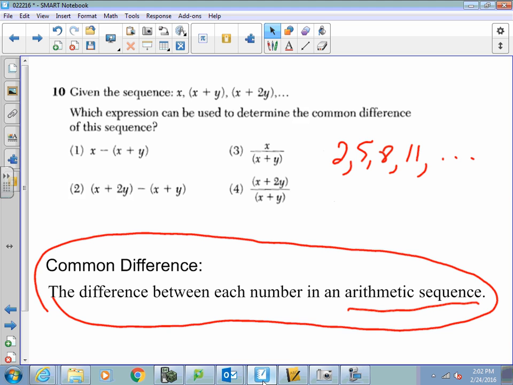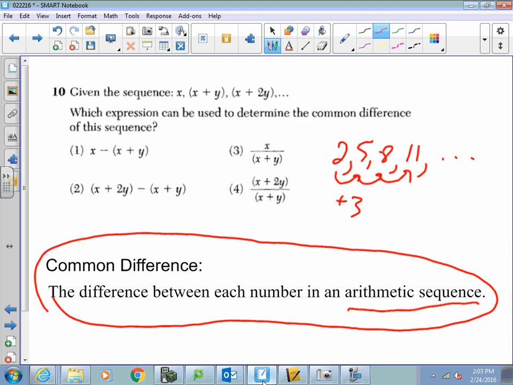Now let's look at our question. Given the sequence x, x plus y, x plus 2y, which expression can we use to determine the common difference of this sequence? Looking at these, it looks pretty obvious when you have 2 to 5, 5 to 8, and 8 to 11, that it's plus 3.